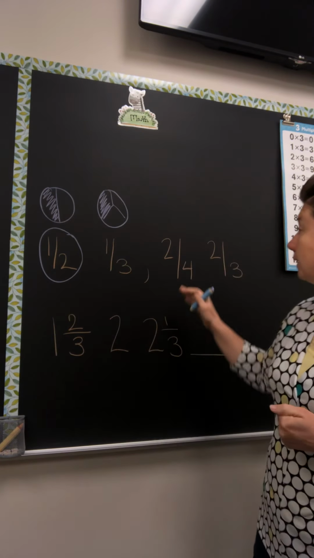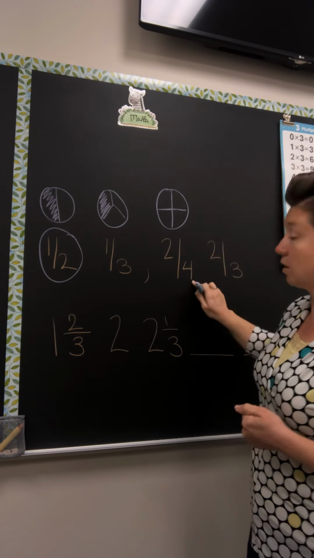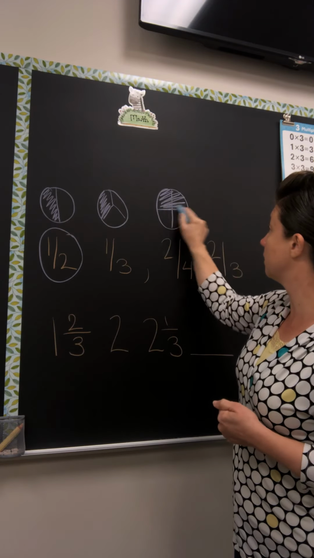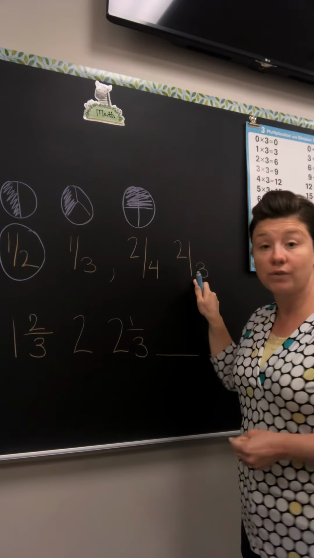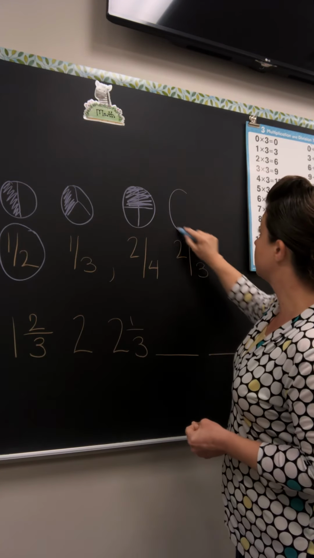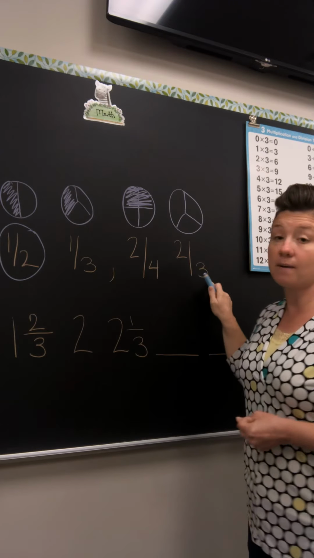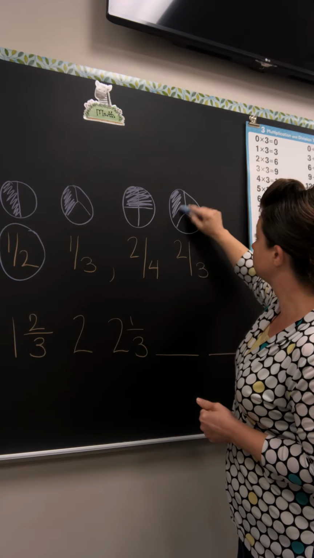On the other side, I have 2/4, so we need to divide it into 4, because our bottom number tells us how many, and the top number tells us we're gonna color 2 of them in, okay? 1, 2. Then over here I have 2/3, okay? So I'm gonna draw my circle and I need 3 sections, okay? Because my bottom number tells me I have 3, and I need to color 2 of them in.